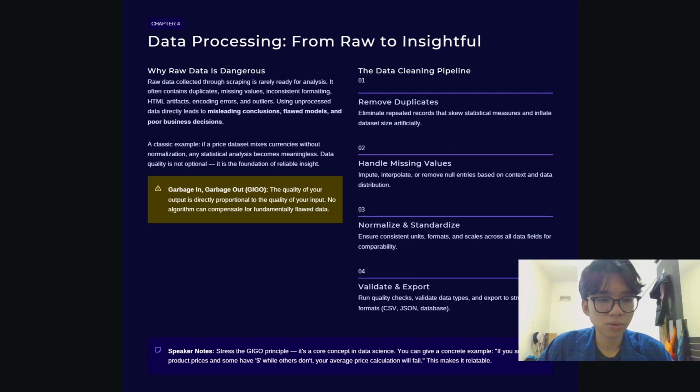Next, why data must be processed? Collecting data alone is not enough. Raw data is often incomplete, inconsistent, duplicated, or poorly formatted. If analyzed directly, the result might become inaccurate. This concept is known as GIGO, garbage in, garbage out.